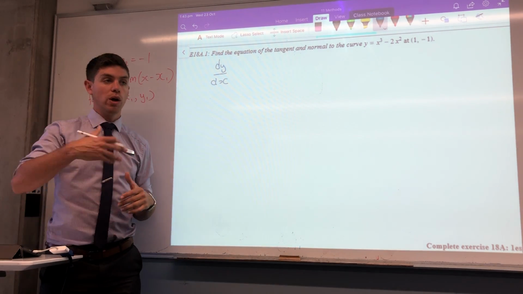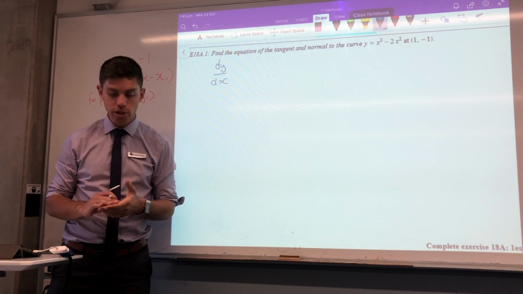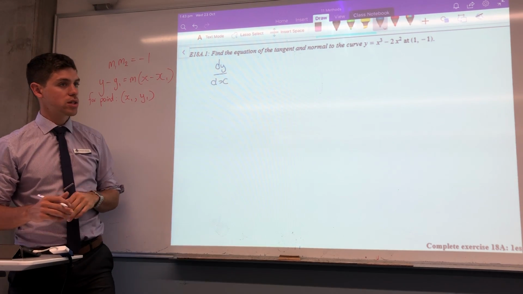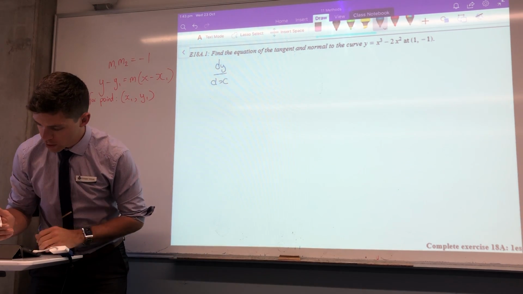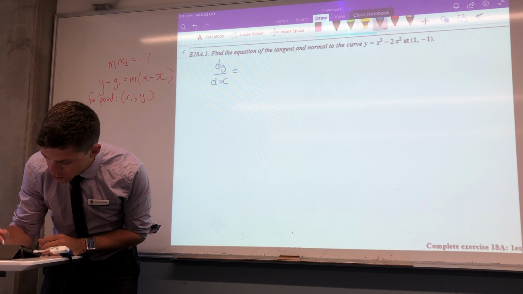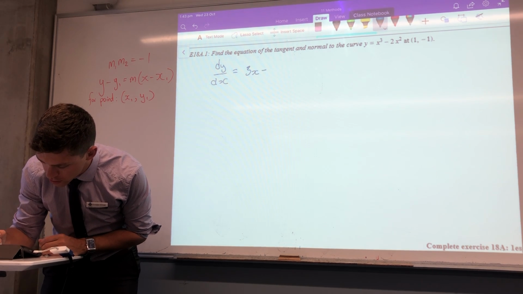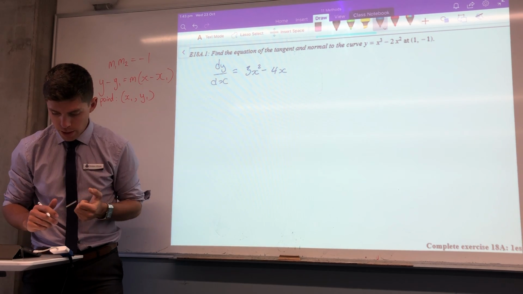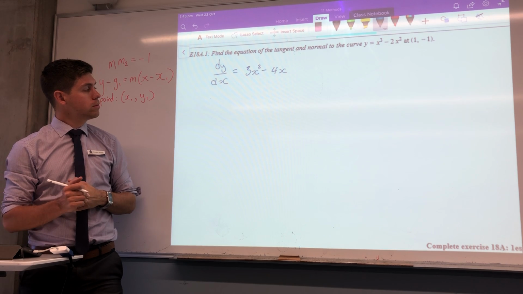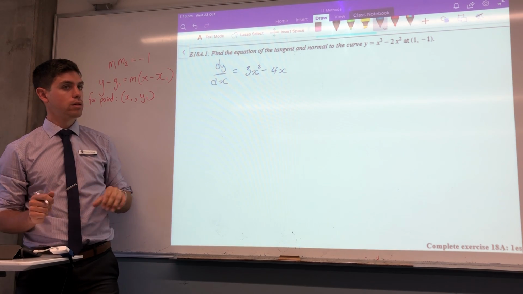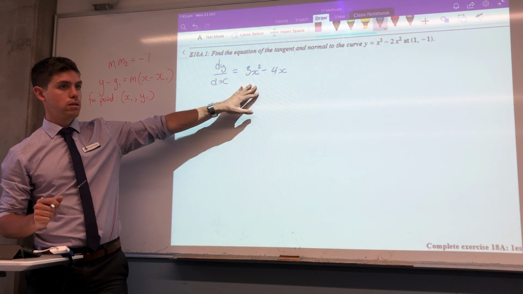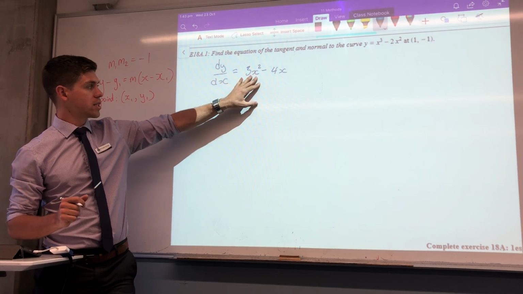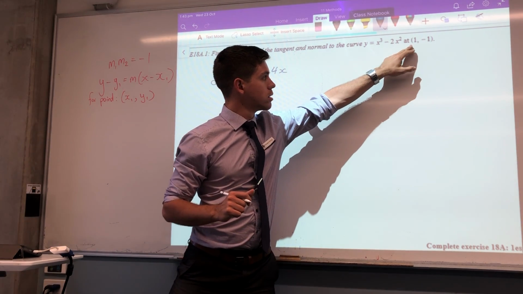You could say where y equals f(x) and use that terminology, but let's use these interchangeably. The derivative function is equal to 3x squared minus 4x.